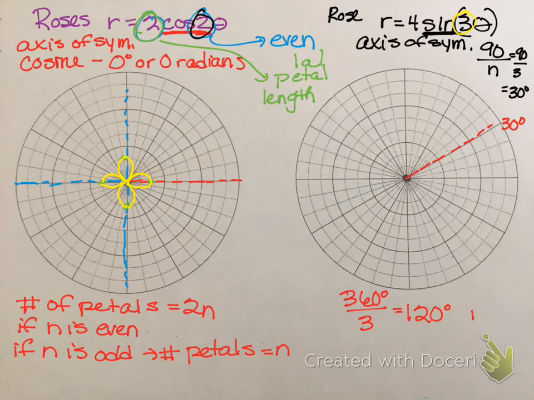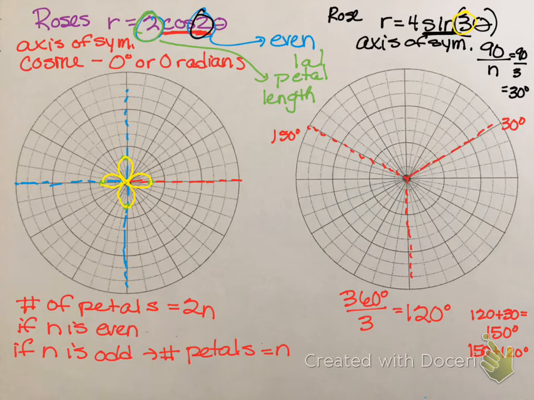So 120 plus 30, or my next axis of symmetry, will be at 150, which is right here. The next one will be 150 plus 120, or 270, which will be right here. And hopefully, visually, you can see that my 3 petals are distributed the same distance apart on my polar graph.